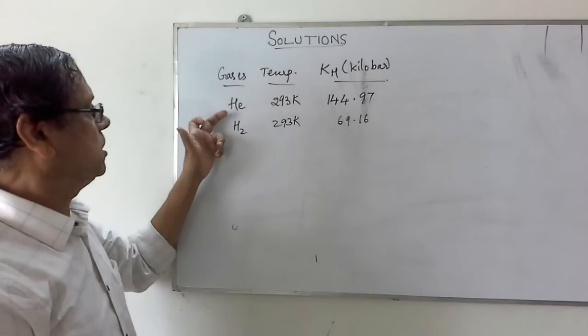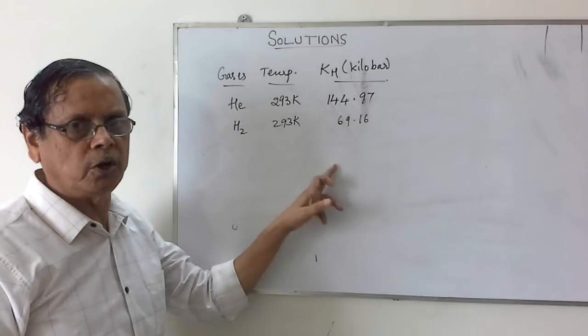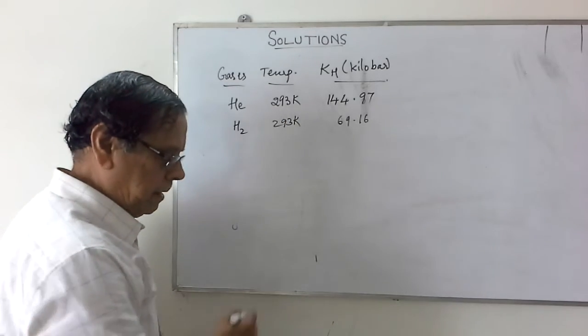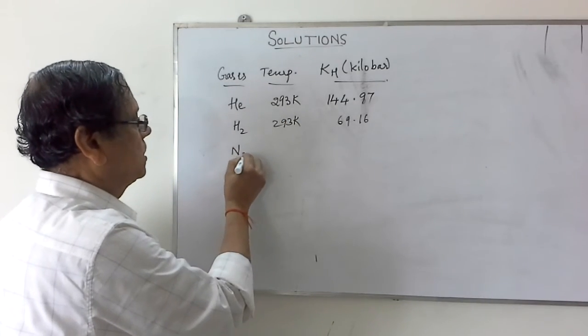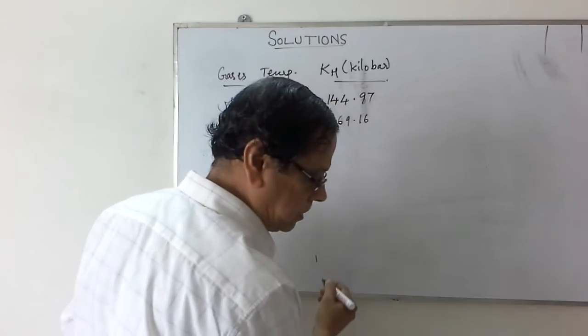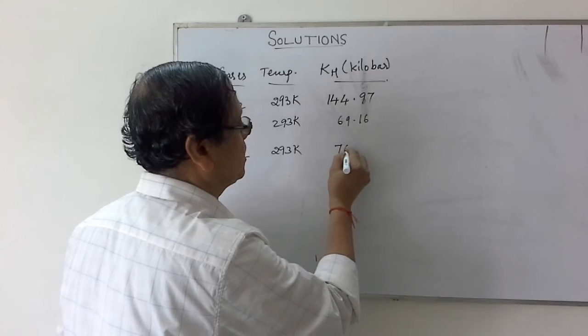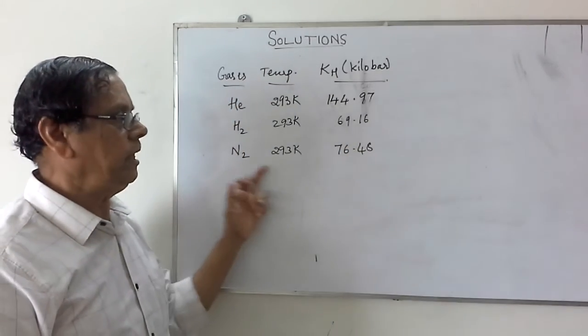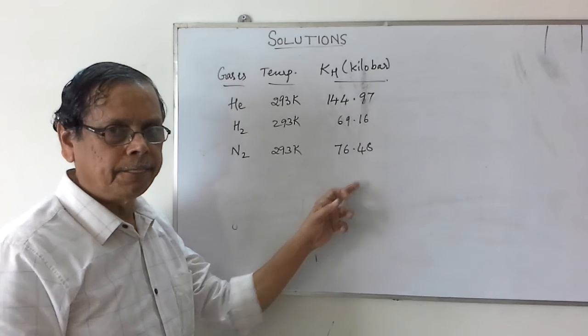That means comparing to helium, hydrogen gas is more soluble in water at the same temperature. Suppose you take nitrogen gas, same at 293 Kelvin, its KH value is found to be 76.48. That means comparing to hydrogen, nitrogen is less soluble.